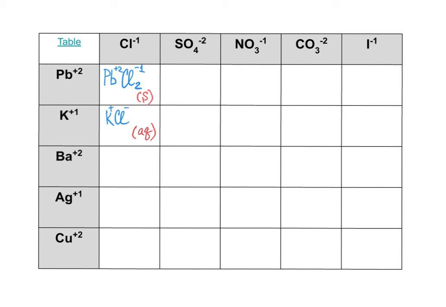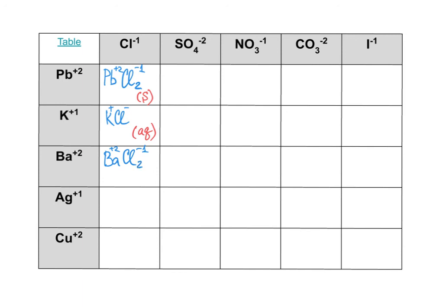Okay, let's look at barium chloride. Well, first things first, let's write the formula correctly. Barium has a charge of +2, chloride has a charge of -1.